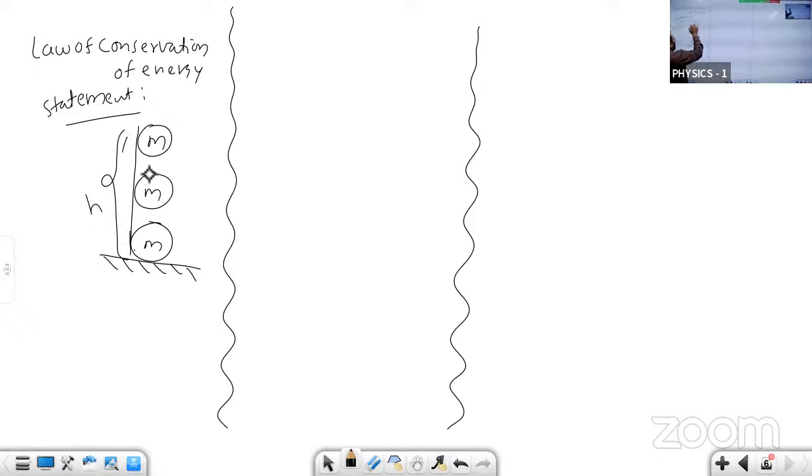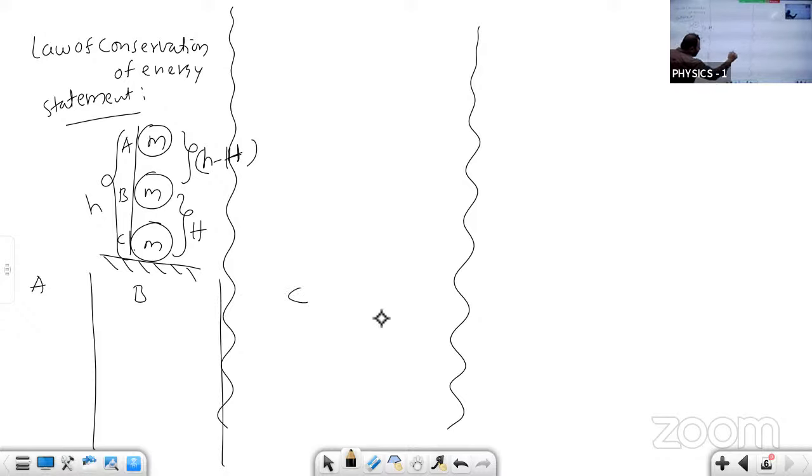This is A, this is B, this is C. Take this gap as capital H, total small h. What is the balance? H minus h. So we consider point A, point B, point C, a total of 3 points.